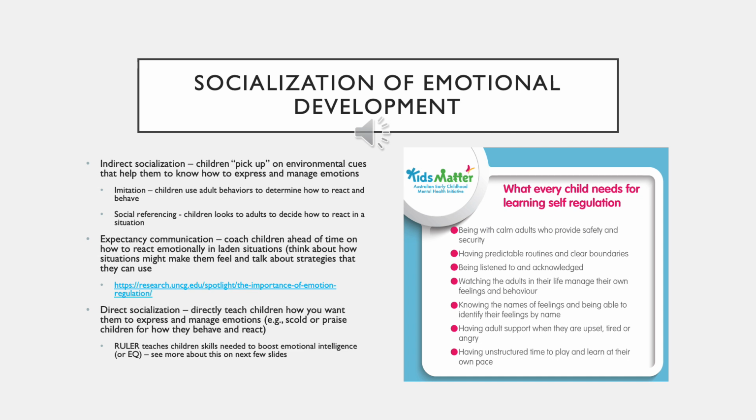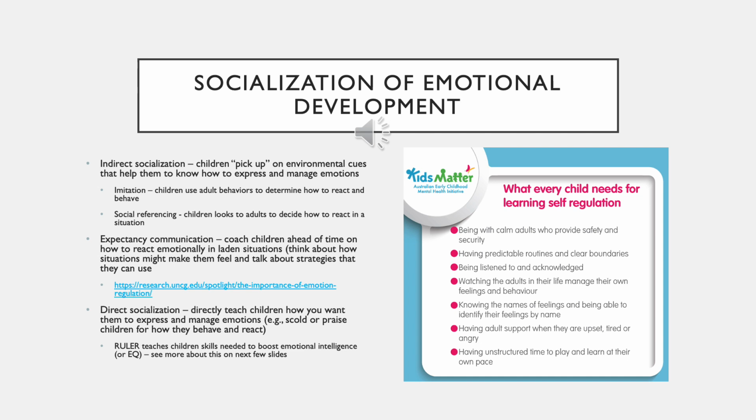So in a couple slides from now, we're going to talk about RULER, which is a great teaching tool that's often used in early childhood classrooms that teaches children those emotional development skills that might be useful to them, and also goes along with just generally teaching them emotional intelligence skills.